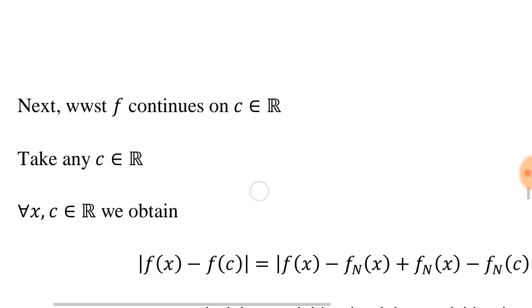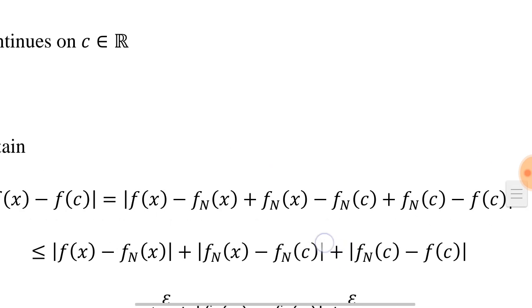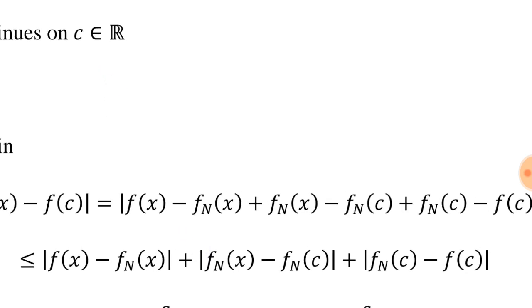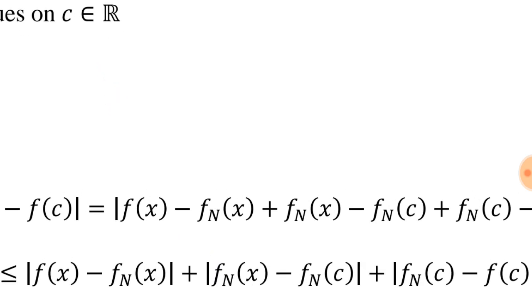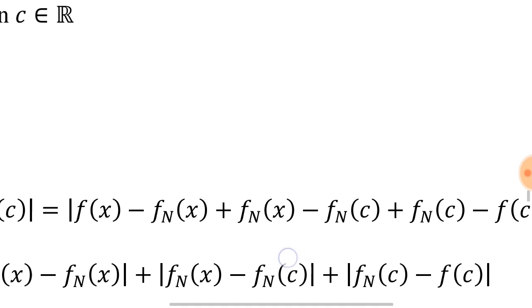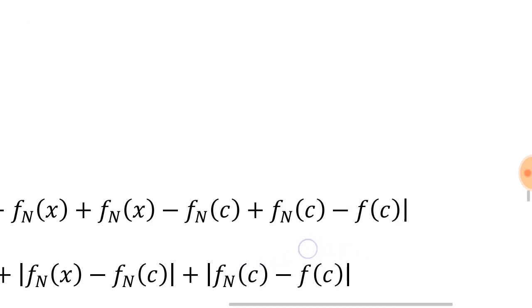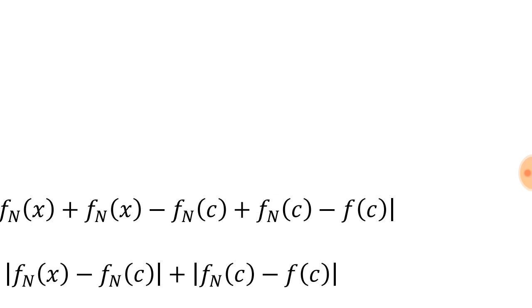So for every x and c in R, we obtain the absolute value of f of x minus f of c is equal to the absolute value of f of x minus f sub capital N of x plus f sub capital N of x minus f sub capital N of c plus f sub capital N of c minus f of c.